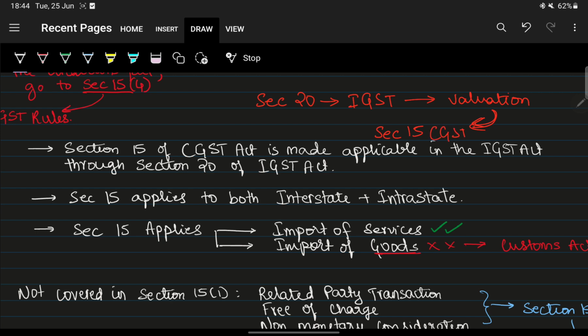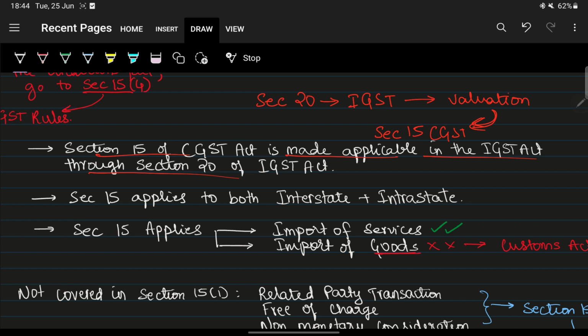Basically, the IGST Act says for valuation of interstate supplies, check section 15 of the CGST Act. So section 15 of the CGST Act is made applicable in the IGST Act through section 20.